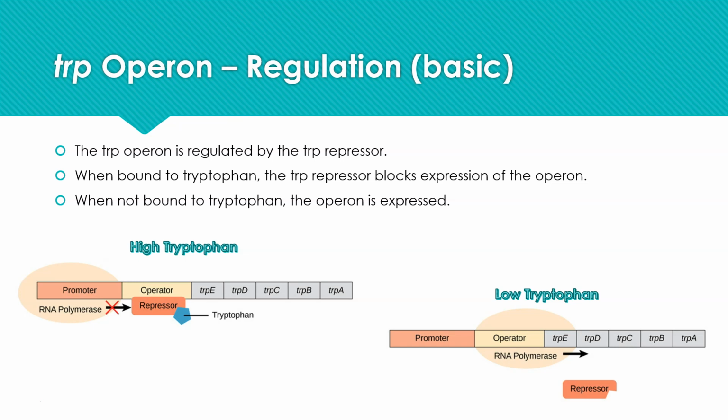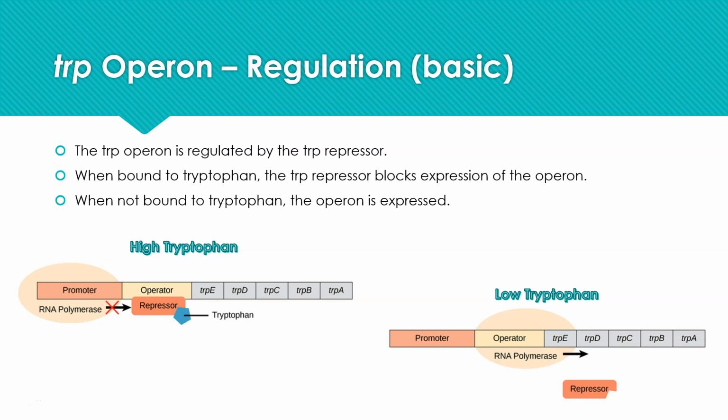If there is lots and lots of tryptophan, you do not need, or rather the E. coli does not need, those genes transcribed, because those genes will make more tryptophan. If you already have a lot, you don't need things that will make more. So when there's high levels of tryptophan, that tryptophan that's present will attach to the repressor molecule. And once the tryptophan attaches to the repressor molecule, the repressor is now able to bind with the operator region.